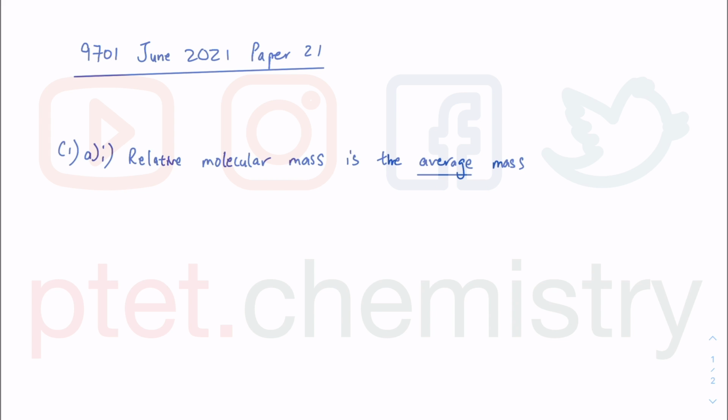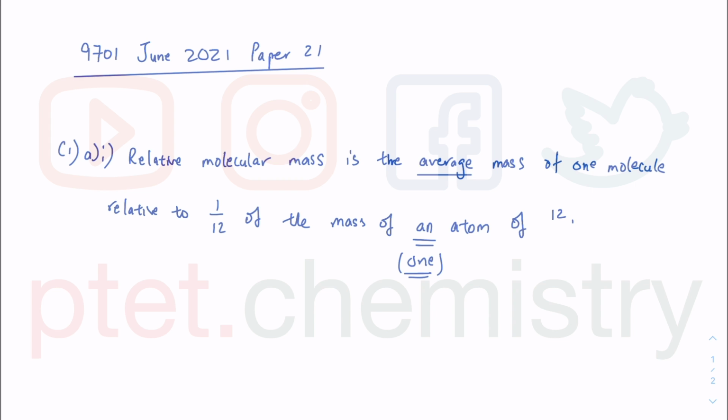For molecular mass, it is the average mass of one molecule, and this is a relative mass, so it is relative to 1/12 of the mass of one atom of the carbon-12 isotope. Some people don't like carbon-12 written like that. You can write it as carbon-12. This is the same thing as saying carbon-12 isotope. So that is just the basic definition there.